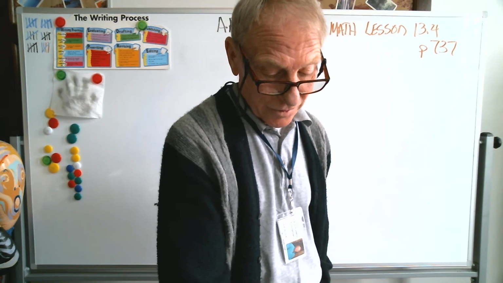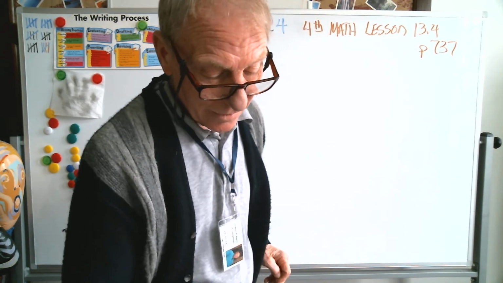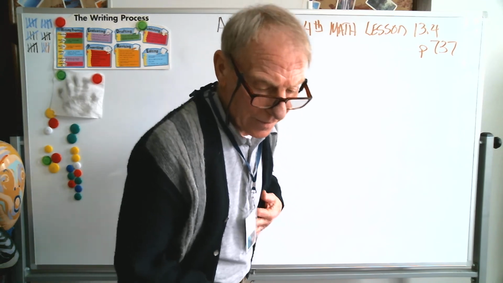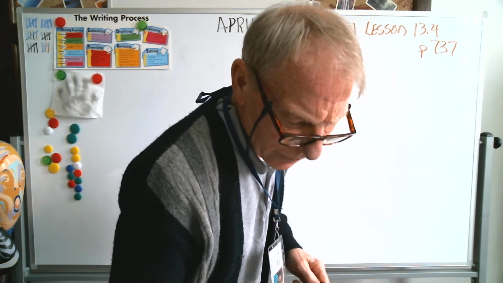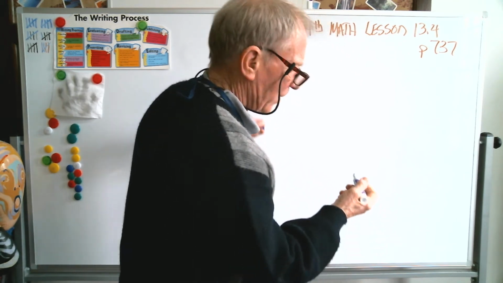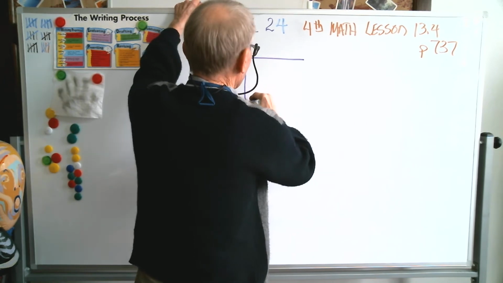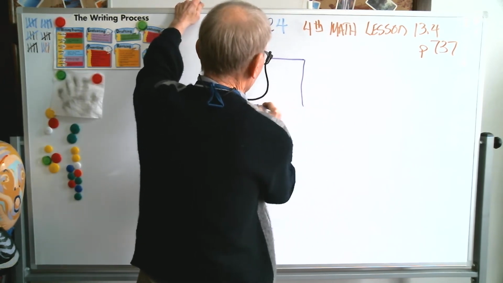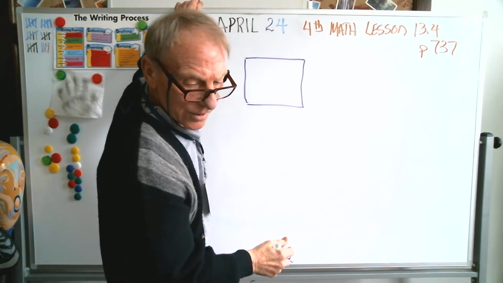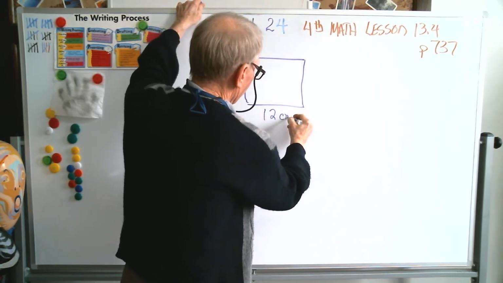Let's look at number 2. You've got a square there, or at least it looks like a square. I could be wrong. Sometimes they make something look like a square just to throw you a curveball. It's telling you that this dimension is 12 centimeters.